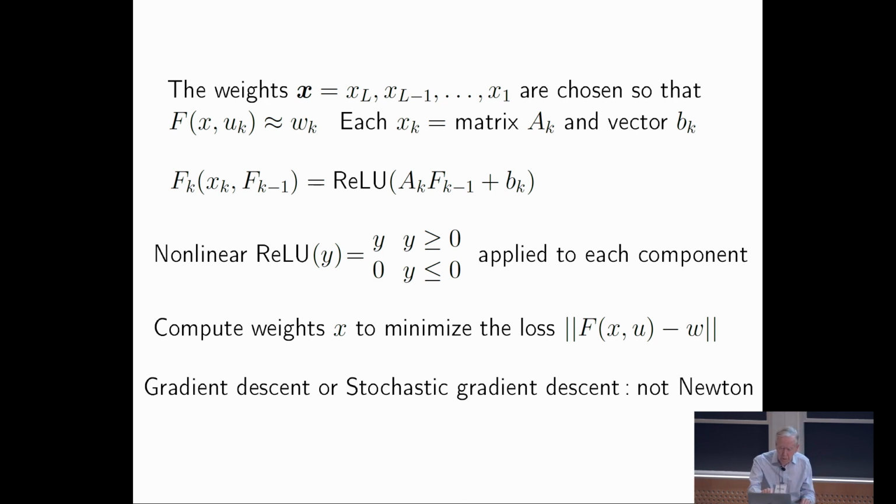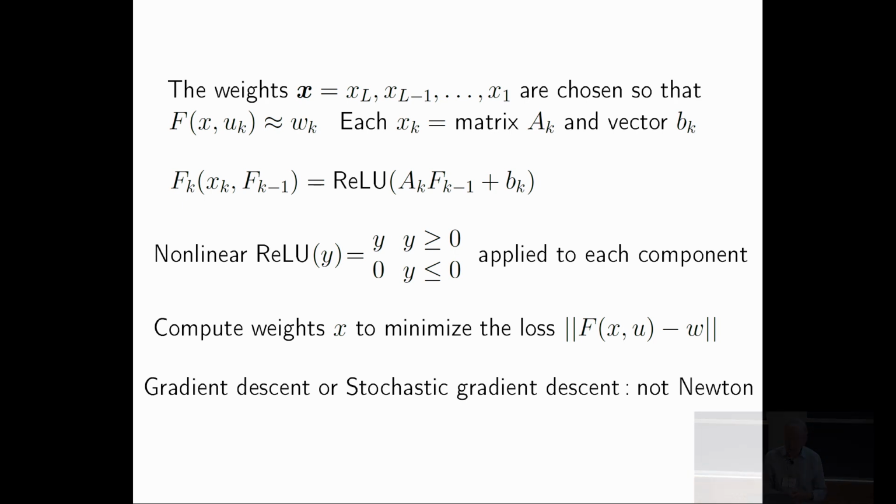Secondly, to have each of those simple functions just linear, so the coefficients are linear, but then to every component of every vector, this ReLU gets applied. Who would have thought of that? And then finally, how do you compute the weights? There are thousands or tens of thousands of weights. So you have a big optimization problem.